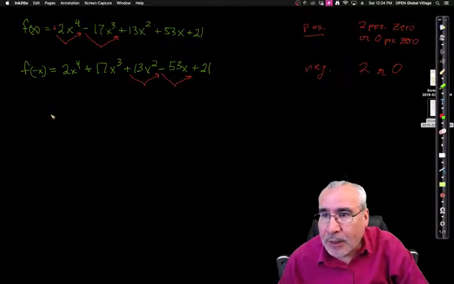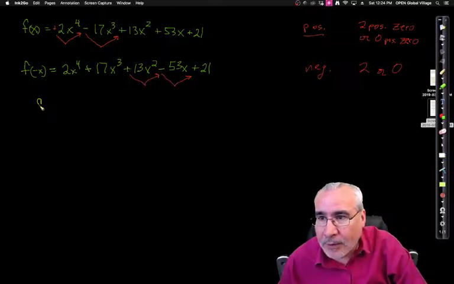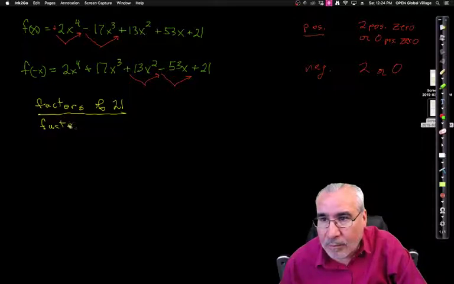And the possible zeros are going to be the ratio of the factors of the constant term, which in this case is 21, over the factors for the leading coefficient, which is 2.